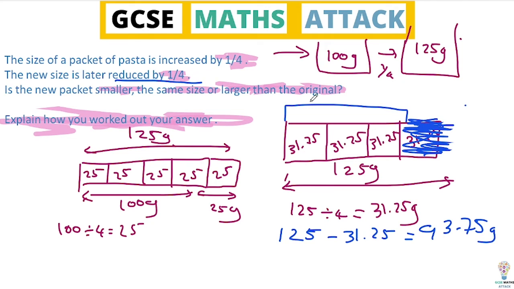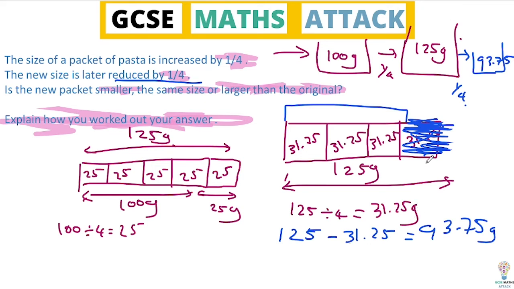So your original started with 100, you increased it, made it 125, and now you've reduced it by a quarter of 125, which gave you 93.75.